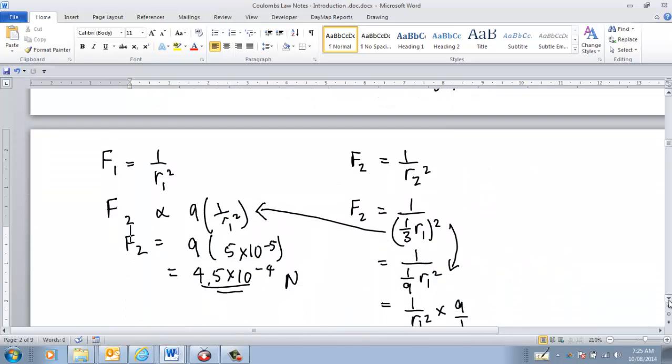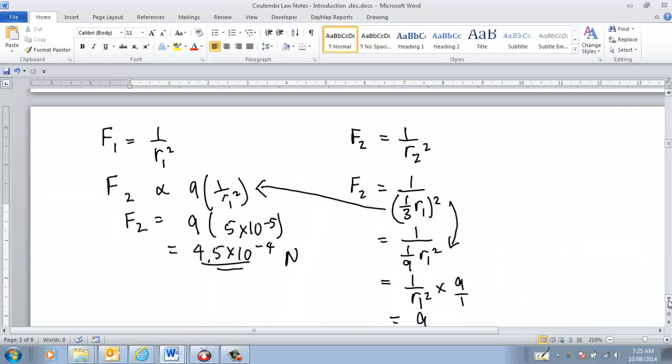Let's look at another example of that to show you the mathematics from that. So obviously force number 1 is 1 over r1 squared. Force 2 we know is 9 times force number 1, don't we? So that's what it's going to be. If you understand that concept about proportionality, then you can actually do that.